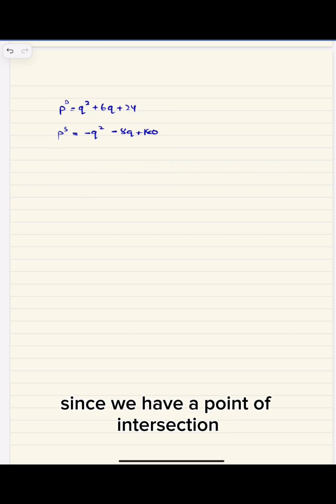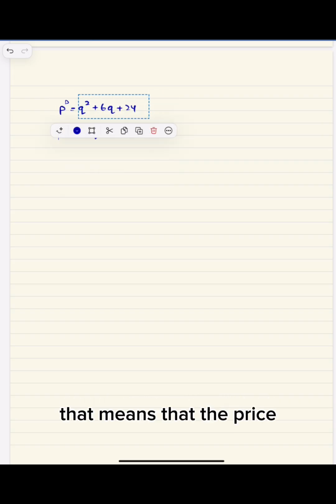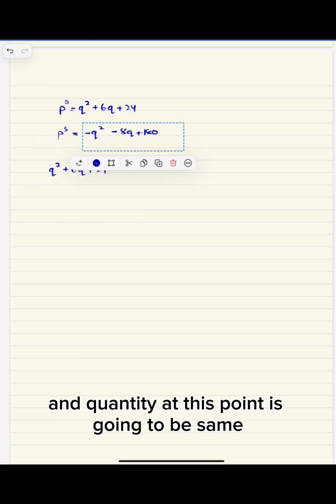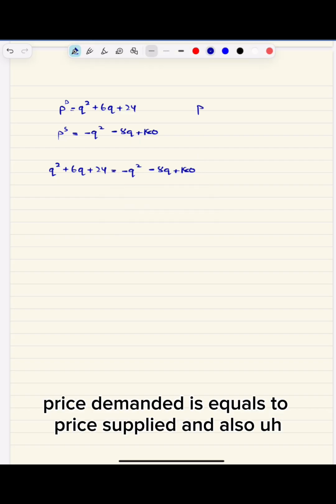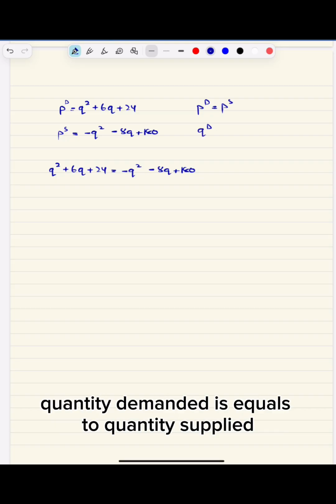Since we have a point of intersection, the price and quantity at this point are the same. Therefore, at equilibrium, price demanded equals price supplied, and quantity demanded equals quantity supplied.